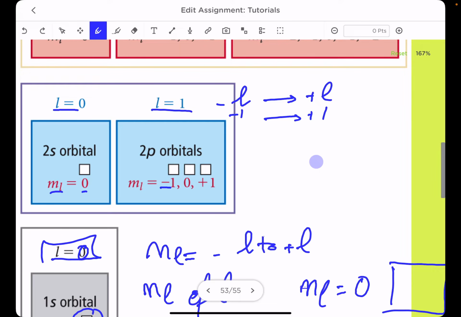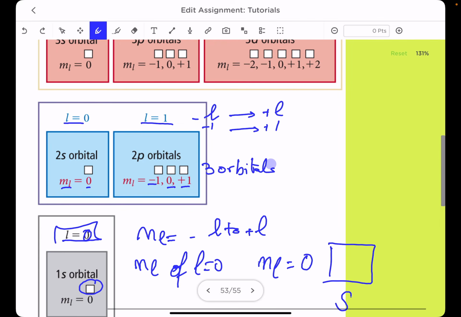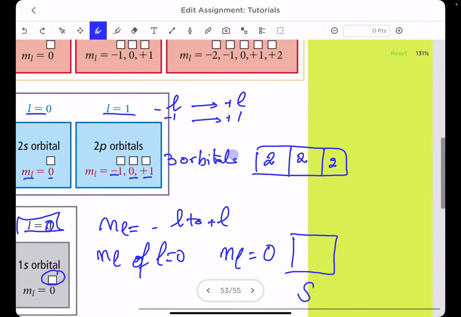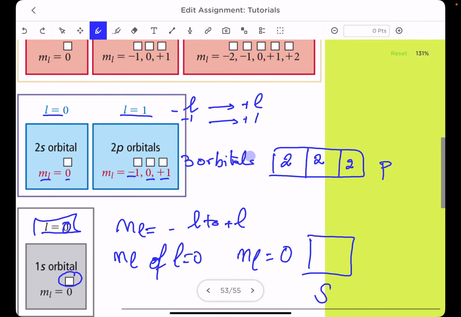So minus 1, 0, and plus 1. And that means 3 orbitals. This is why, when we write P, we draw P as 3 orbitals and we fill those orbitals with electrons. So if P is completely filled, 2 electrons here, 2 here and 2 here, that's a total of 6. This is why we always see 6 written on P and 2 on S.